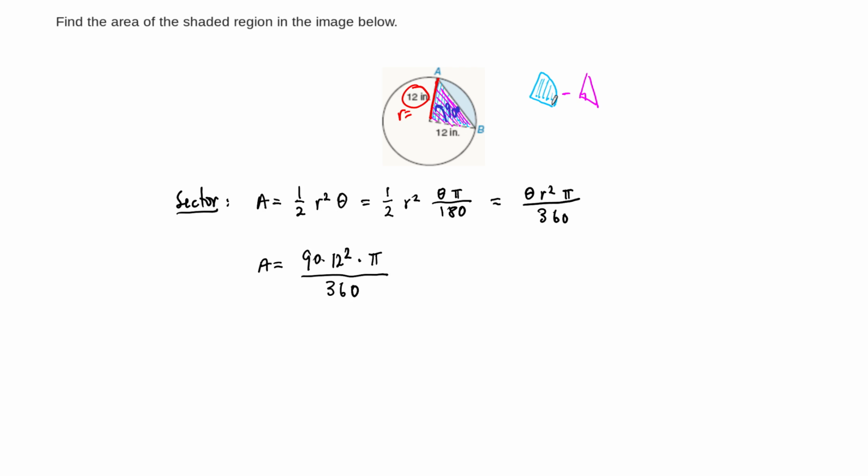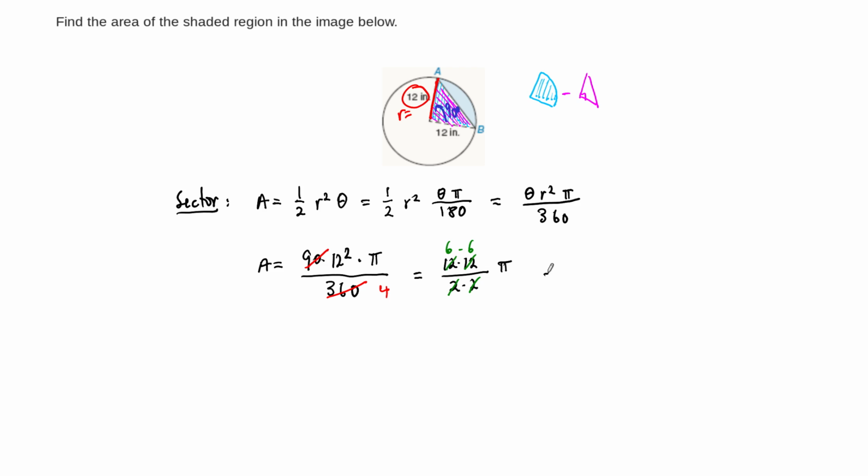Remember, that's like the slice of pizza. That's called a sector. To compute this, I'm going to need some help. So this actually cancels. 9 goes into 36 4 times, and the zeros cancel. If we write this as 12 times 12, and then write the 4 as 2 times 2, times pi, where 12 squared means 12 times 12, then from each of these we cancel a 2, so that we still have a perfect square, but now it's 6 squared.